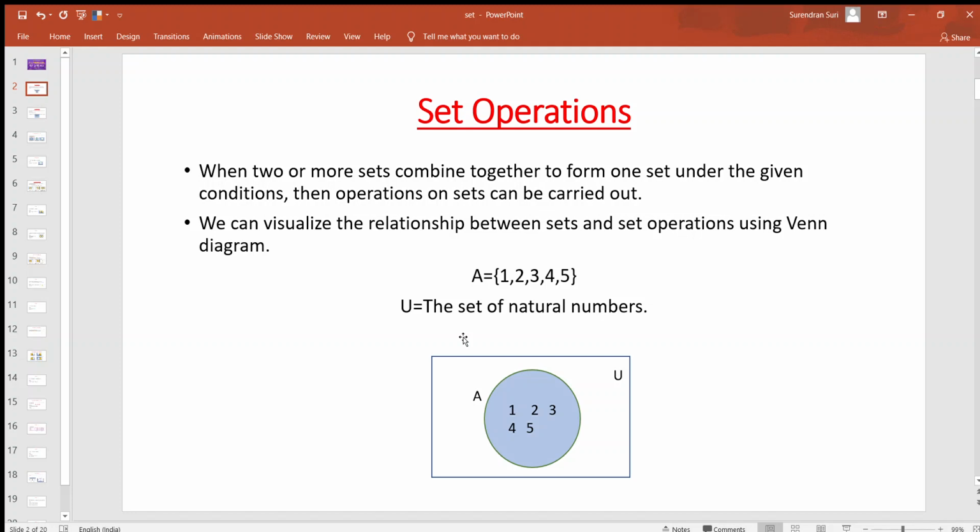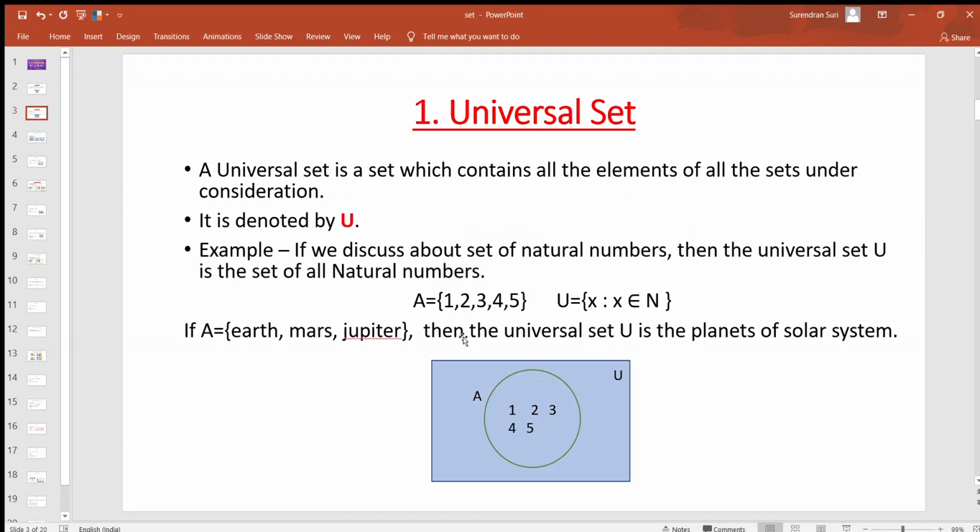Next we'll see what is a universal set. A universal set is a set which contains all the elements of all the sets under consideration. It is denoted by capital U. For example, if we discuss the set of natural numbers, then the universal set U is the set of all natural numbers.